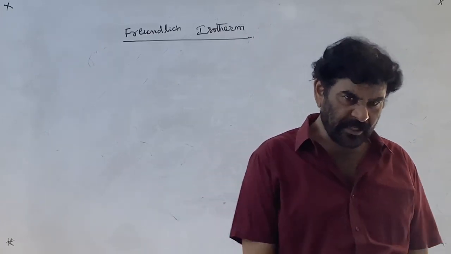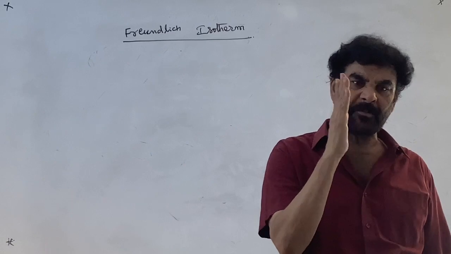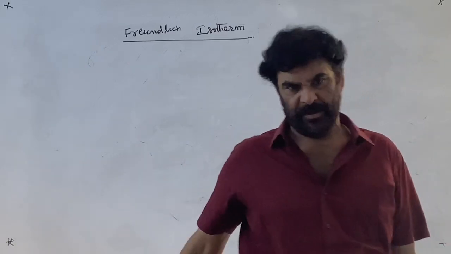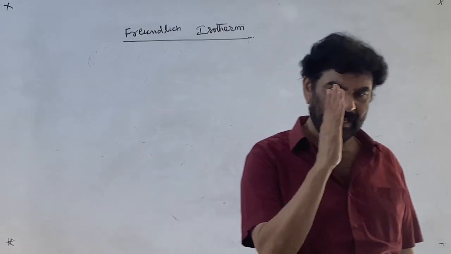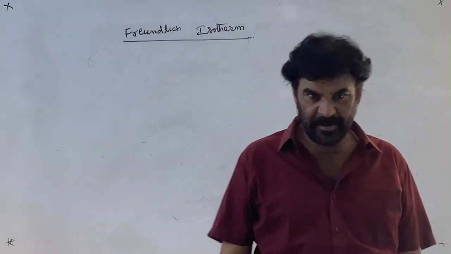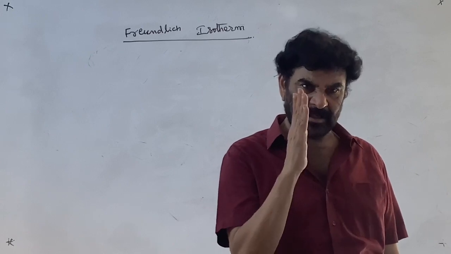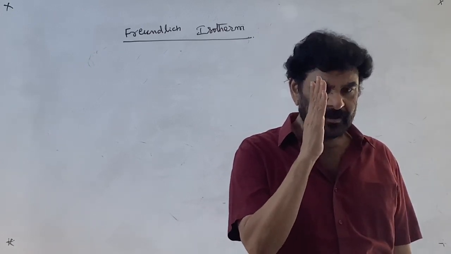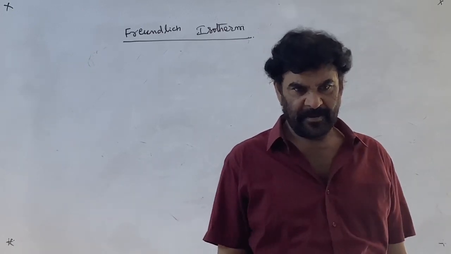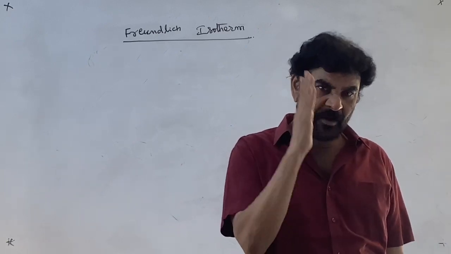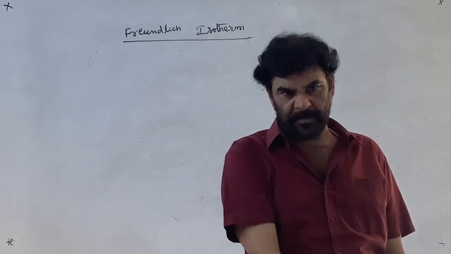So these are the factors. We use a term known as the extent of adsorption. What is the meaning of the extent of adsorption? It is the amount of gas adsorbed on the surface of 1 gram of the adsorbent.